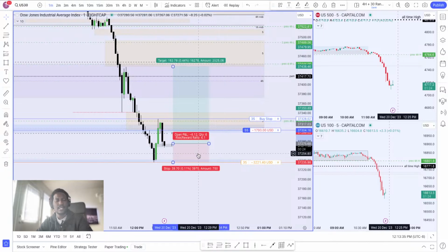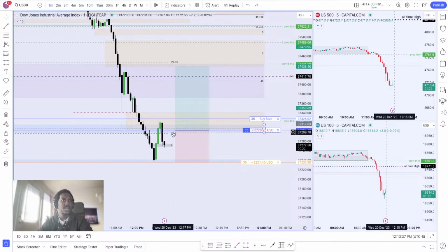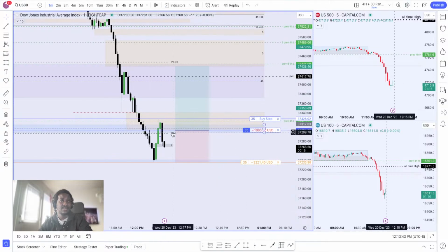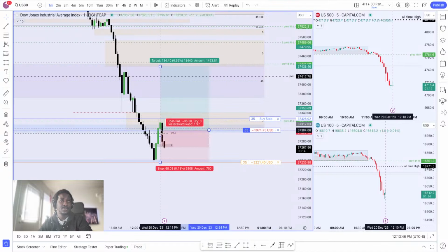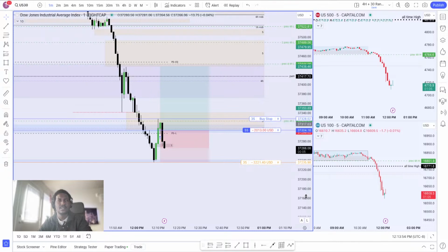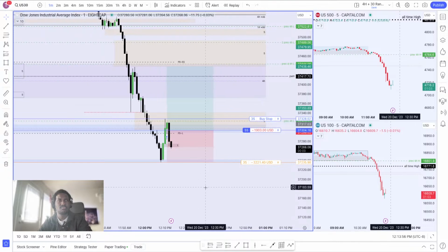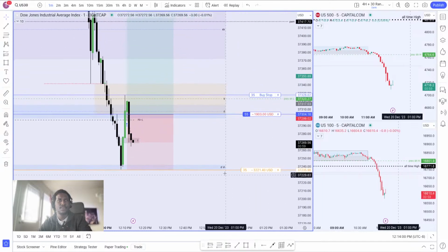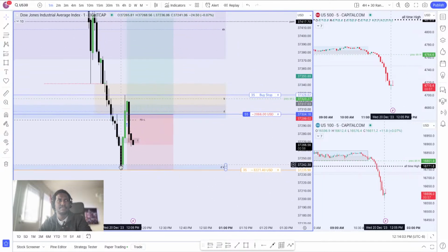For now, let's see. We are currently in this trade, and I think it's kind of risky because we had that push to the downside. That was kind of harsh. So that's how the setup looks so far. This is a daily volume imbalance right there that they completely closed.